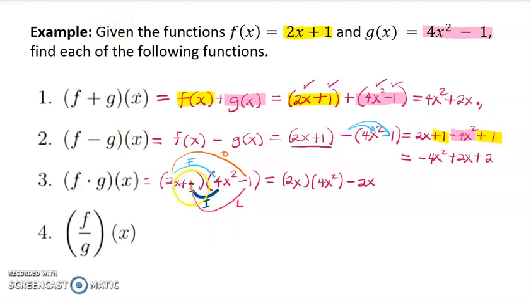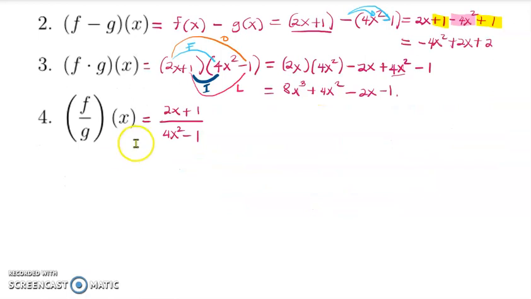Then for the inner terms, 1 times 4x squared is plus 4x squared. And for the last, 1 times negative 1 is negative 1. Simplifying this, 2x times 4x squared is equal to 8x cubed. Then next is plus 4x squared. Let's arrange: minus 2x minus 1. That is now the product of f and g.